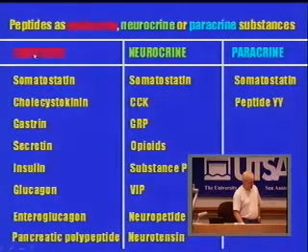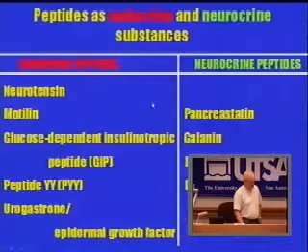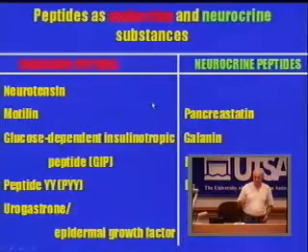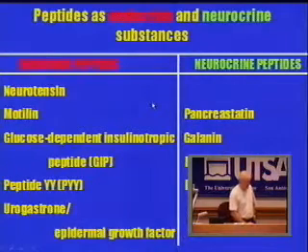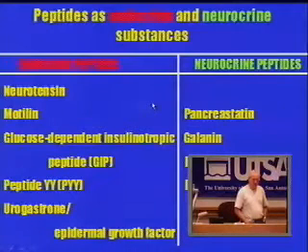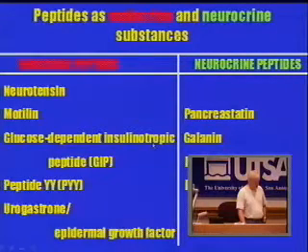So we had talked about these definitions in general, and we just present some examples in this case. You know, still just taking this general approach of getting an overview and appreciation of neuroendocrinology and endocrinology in general. So continuing, neurotensin, also an endocrine peptide, motilin, glucose-dependent insulinotropic peptide, GIP, peptide YY, urogastrone, epidermal growth factor.